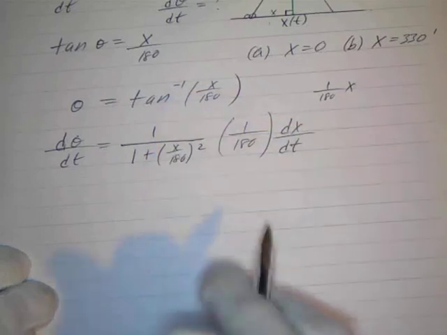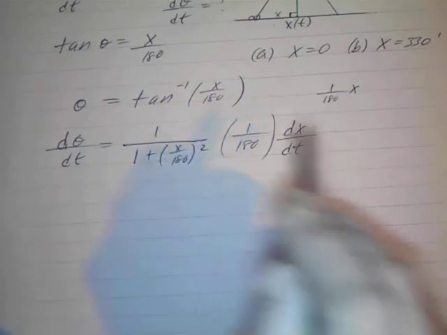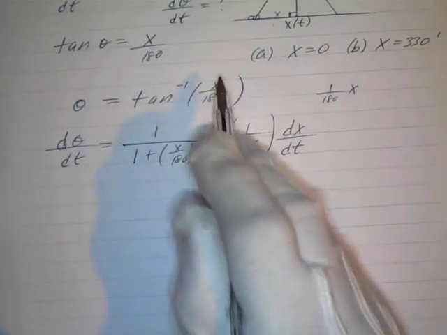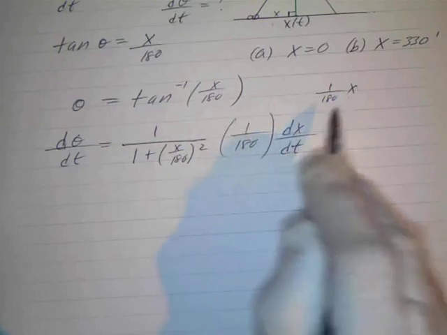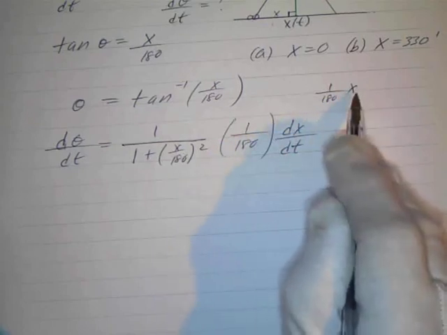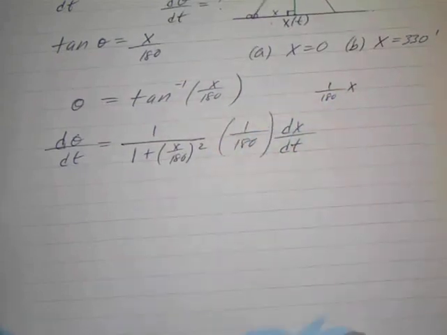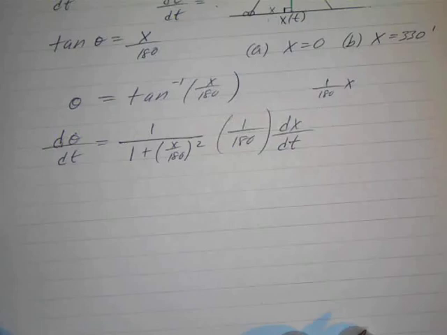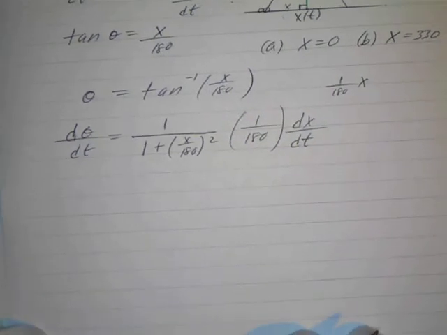Because if we take the derivative of this, it's going to be 1 over 180 times dx/dt. All right. So there's a derivative, and then x is 0.